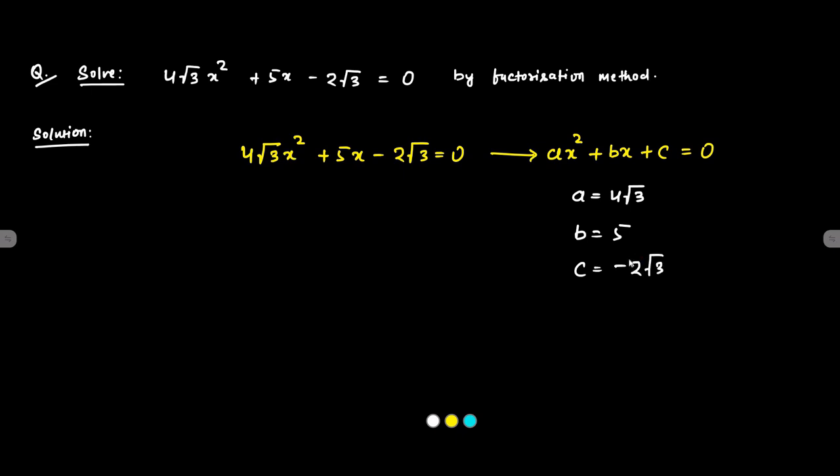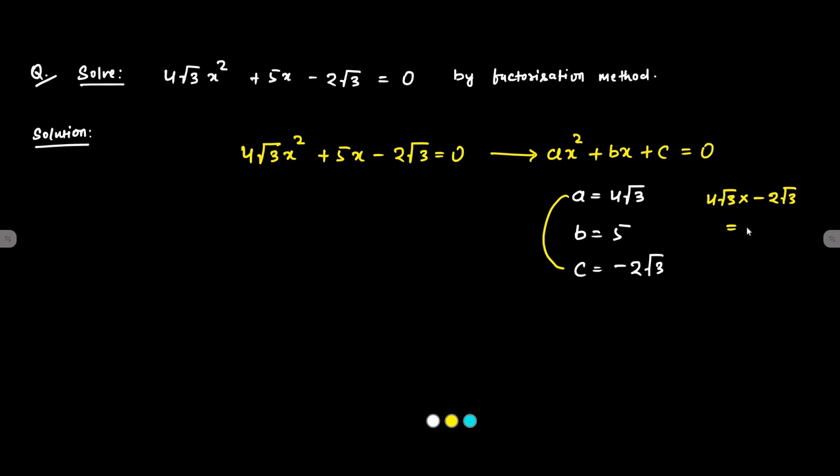The product of the two extreme terms, that is a and c, is equal to 4 root 3 into minus 2 root 3, which is 4 into minus 2, that is minus 8, into root 3 into root 3, that is 3.